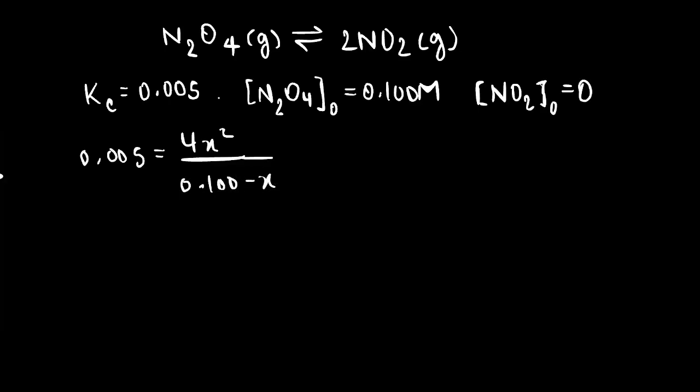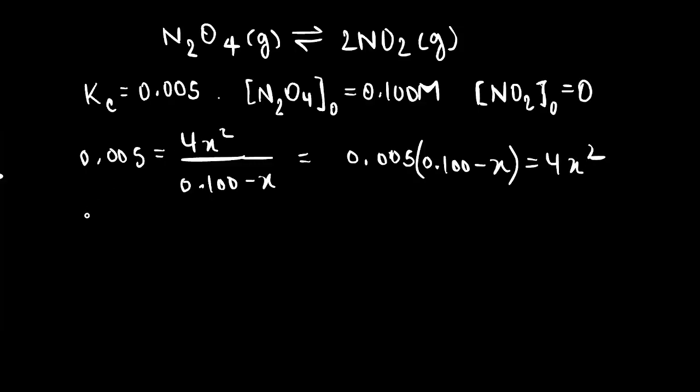So we can begin by multiplying both sides by this denominator here. It's going to give us 0.005 times 0.1 minus x, and this is equal to our 4x squared.